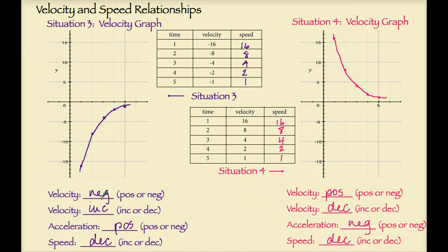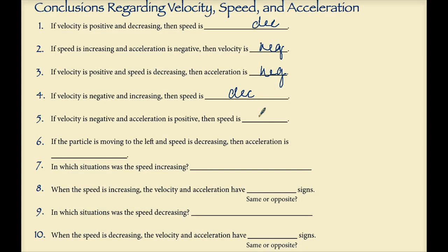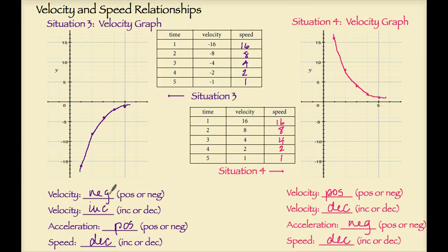Velocity negative, acceleration positive, speed was decreasing. If the particle is moving to the left and speed is decreasing, then acceleration is, particle moving to the left means velocity is negative, and that was situation 3. Velocity negative, speed decreasing, then acceleration positive.